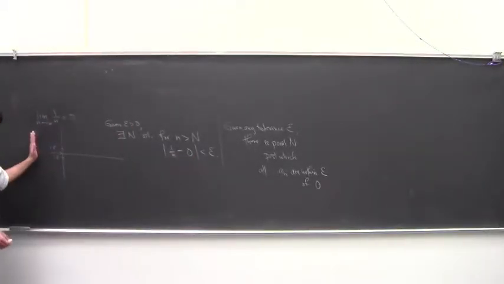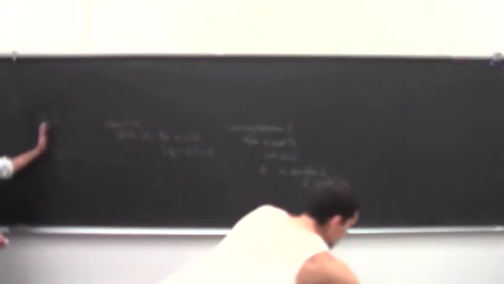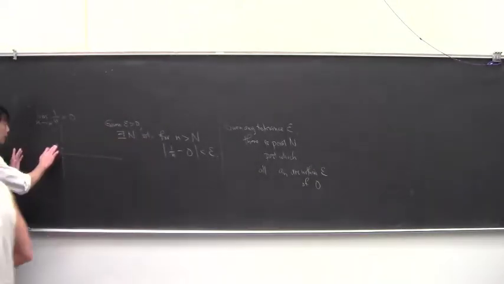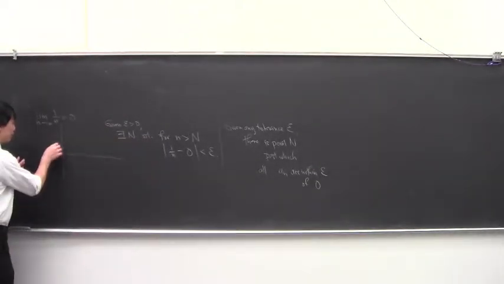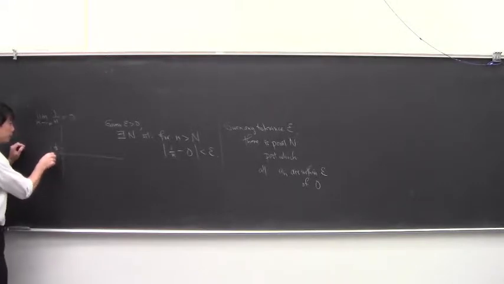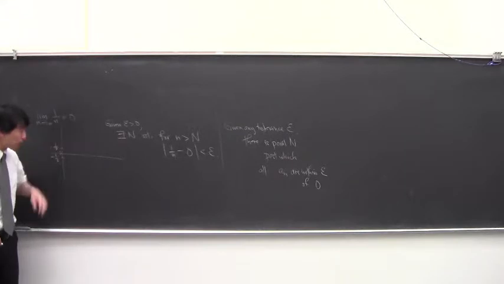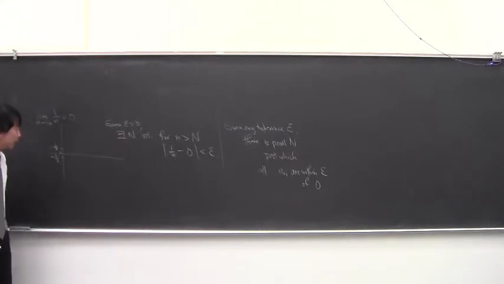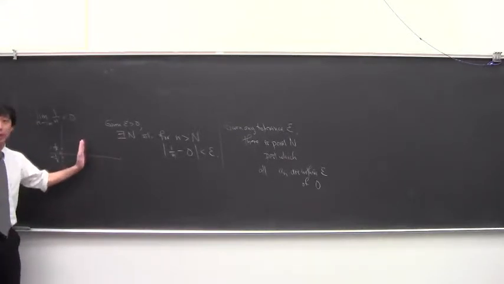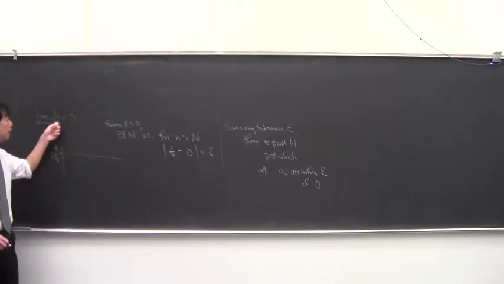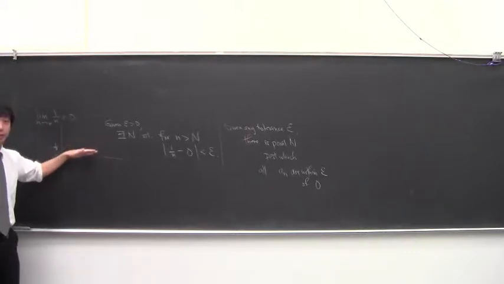So here's a simple one. If somebody says, I'm going to take an epsilon of a third, can you find me a point past which all of your elements are within a third of 0?